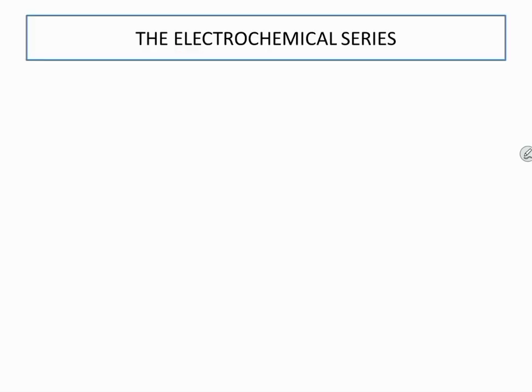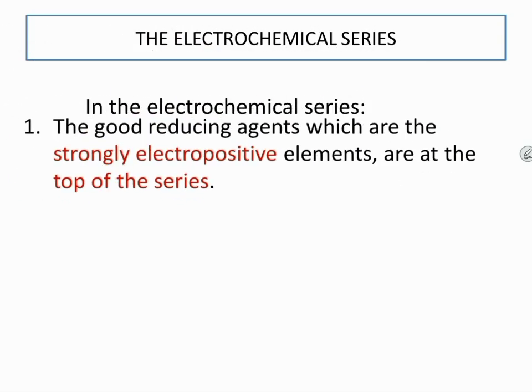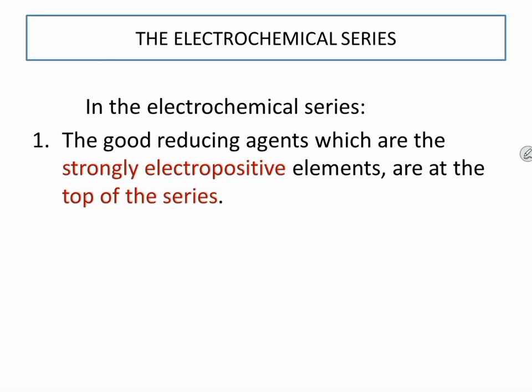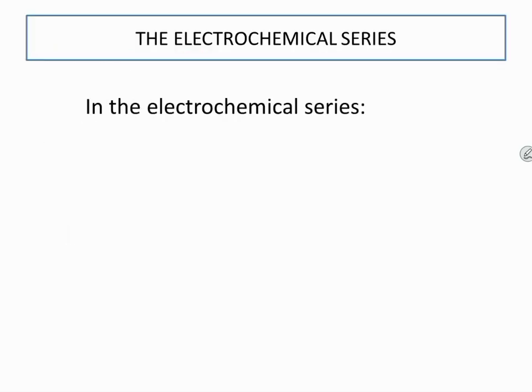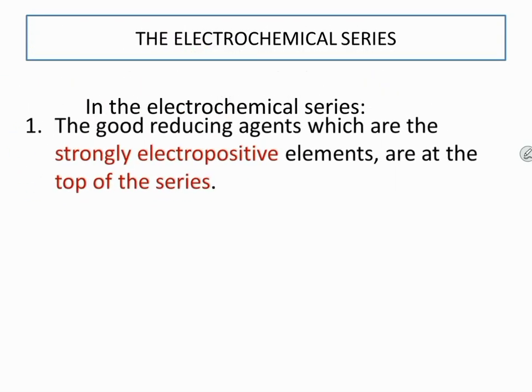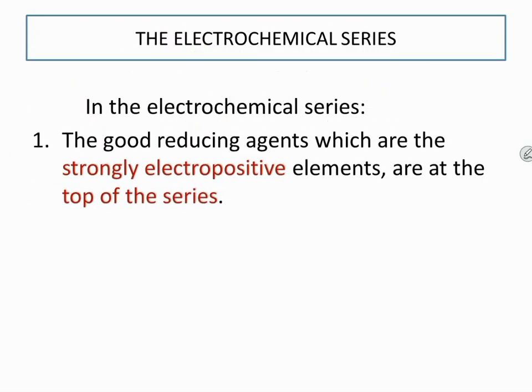Then let's talk about the electrochemical cell. An electrochemical cell is a cell where oxidation and reduction take place. Now we are talking about the electrochemical series. In the electrochemical series, the good reducing agents, which are the strongly electropositive elements, are at the top of the series. That means those that easily lose electrons, those that easily get oxidized, are at the top.